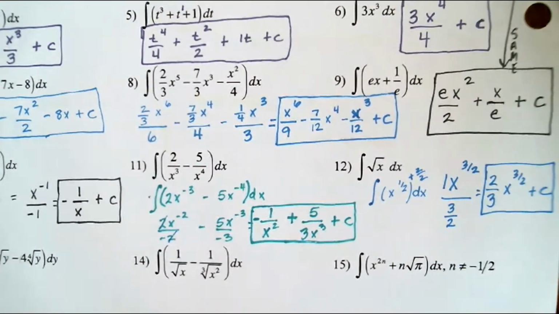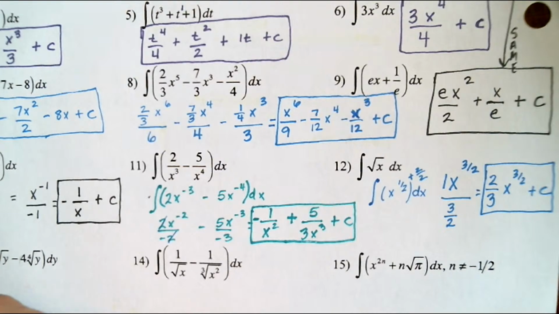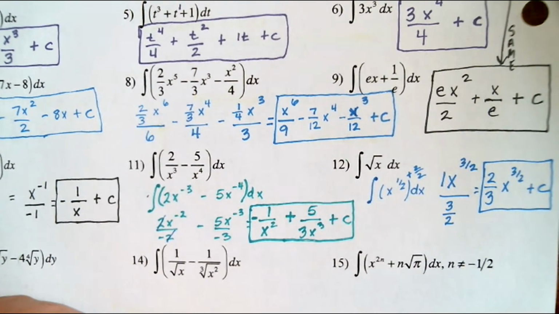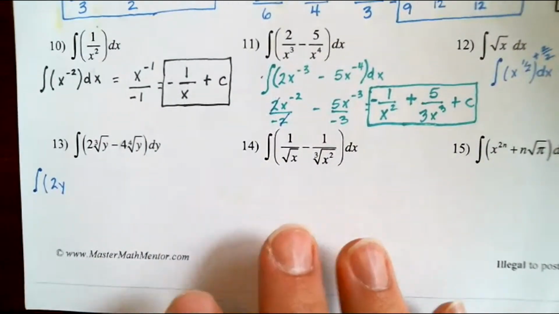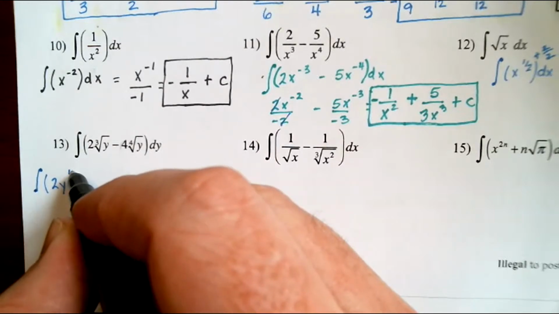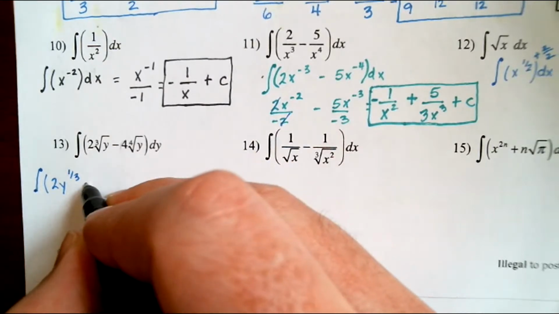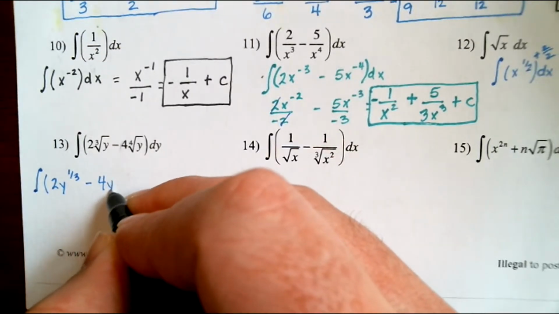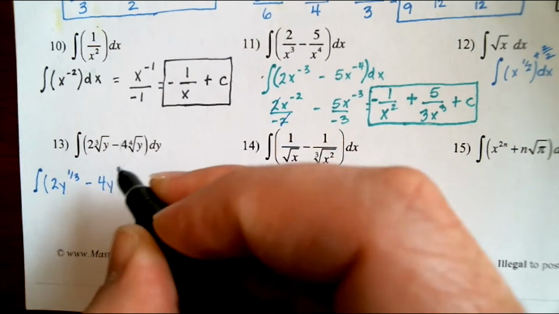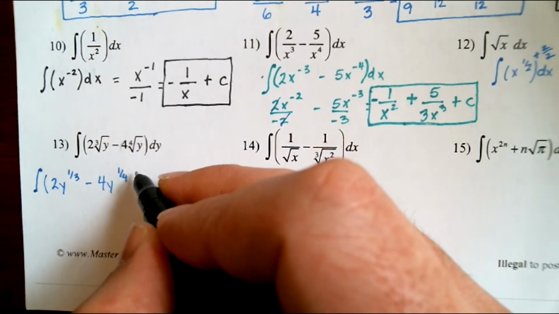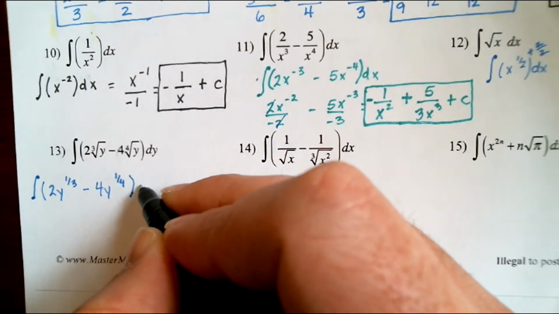Okay. So jumping down to 13, I would rewrite 13 as 2y to the 1/3 minus 4y to the 1/4 dy.